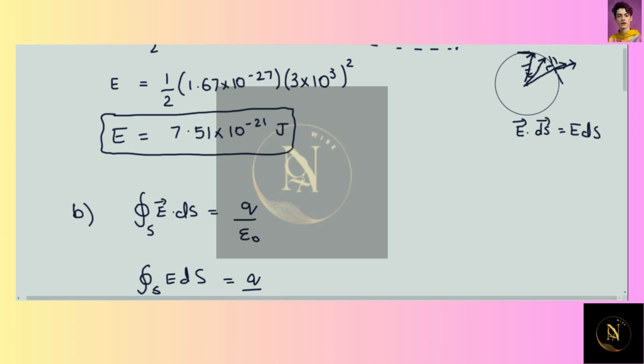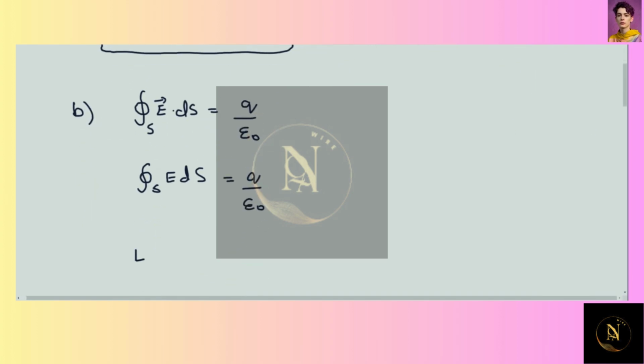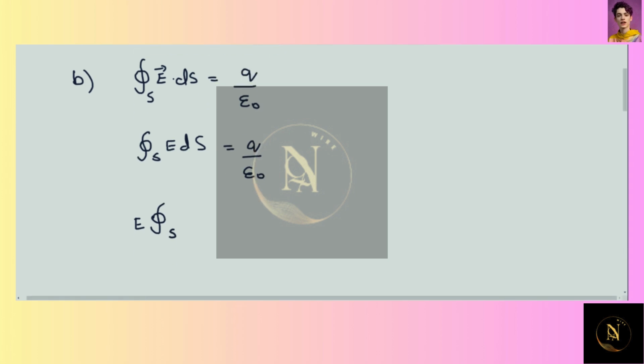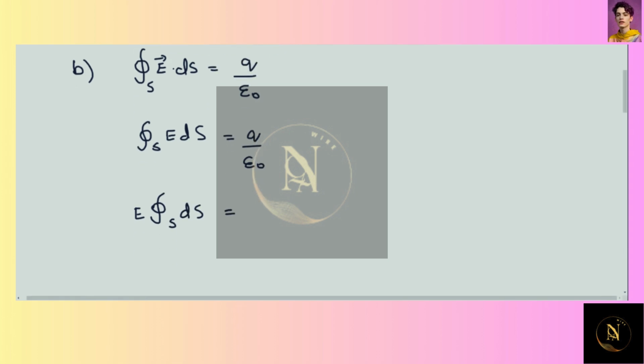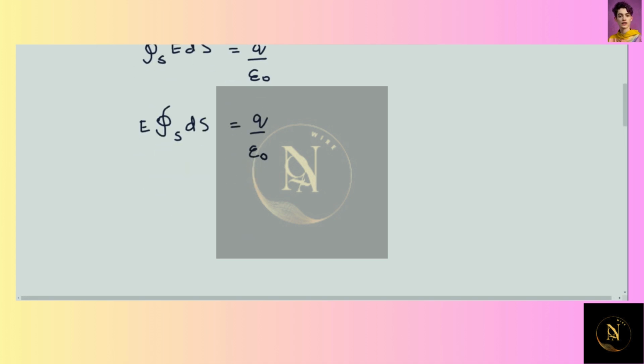Now, since this is a circle and the electric field travels the same distance throughout the entire surface, the electric field at the surface is a constant. So we can actually pull that out of the surface integral.